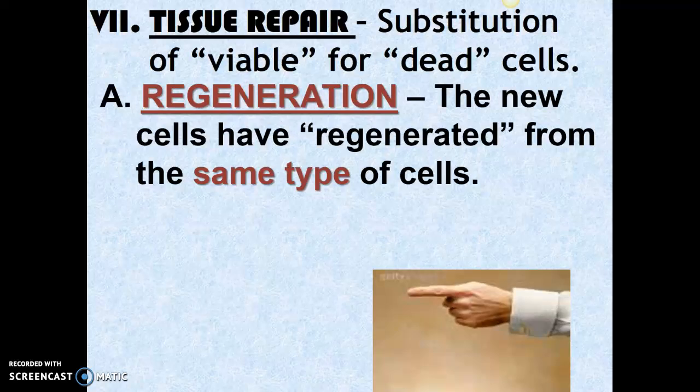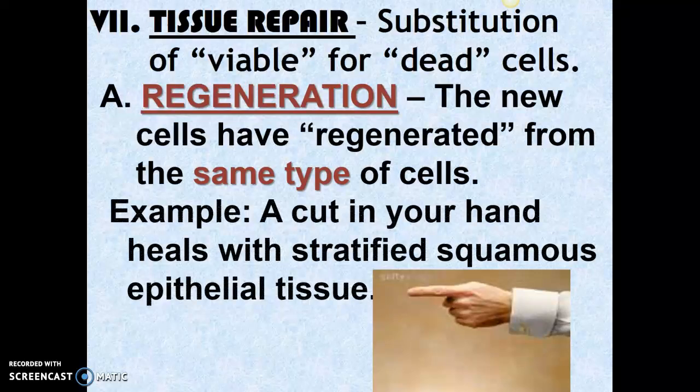If you should walk by too fast by a desk and cut yourself and it bleeds, as long as it's not too deep, that stratified squamous epithelium will regenerate and close that gap, and a year from now, you'll never see the scar. If it's too big of a gap and you don't totally close with stratified squamous epithelium, here's an example I'm talking about.